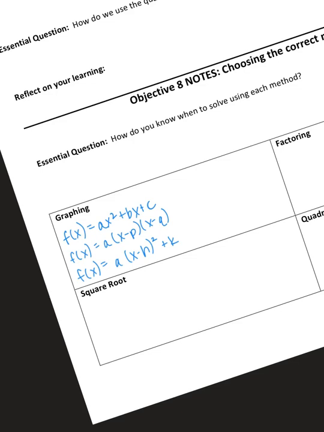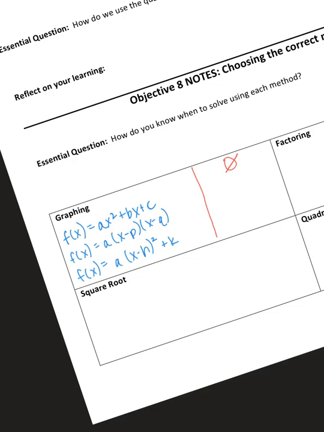Okay, now why don't we just use graphing all the time? Sometimes we don't have a calculator, and other times when we actually graph, we might not be able to see the roots clearly. So that could happen in any one of these forms. And so this little not symbol over here in red is going to be when not to use this strategy.